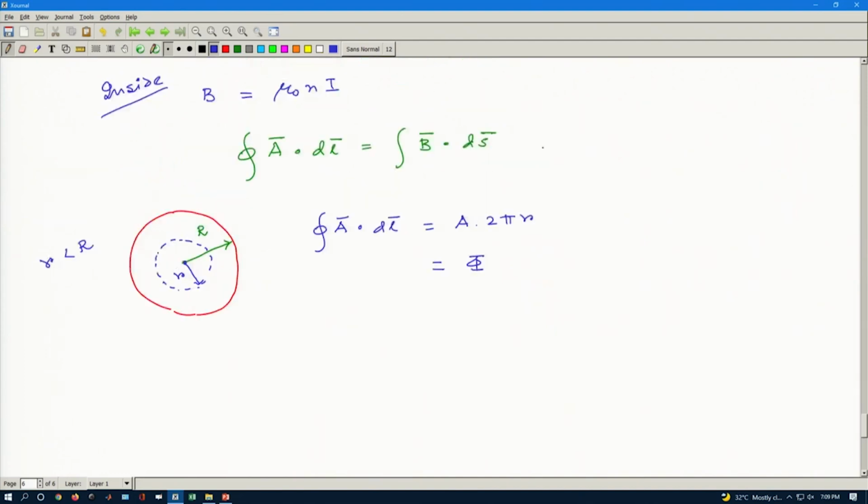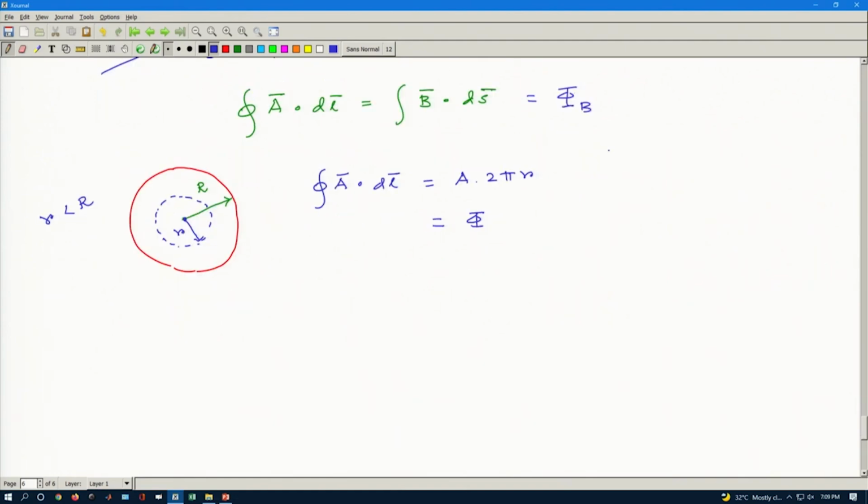This thing is nothing but the magnetic flux, and magnetic flux here is B dot ds, where B is uniform here. So, the magnetic flux here is simply B, which is mu 0 Ni, uniform inside this, multiplied by the area, which is pi r square.